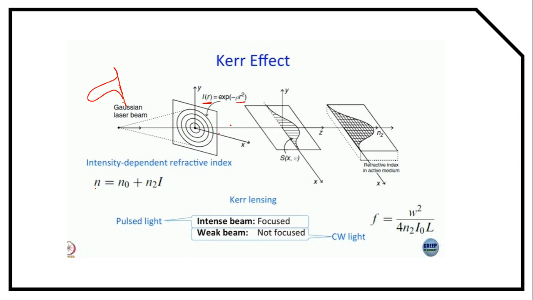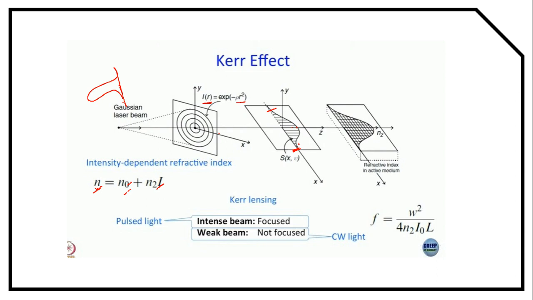Okay, now as this intense beam passes through any other medium of some refractive index, what will happen is, since this beam has the maximum intensity here, the final refractive index depends on n naught, which is a constant value, and on I. The intensity in the center is greater than the intensity at the corners, and therefore the resultant refractive index in the center will be greater than at the corners.